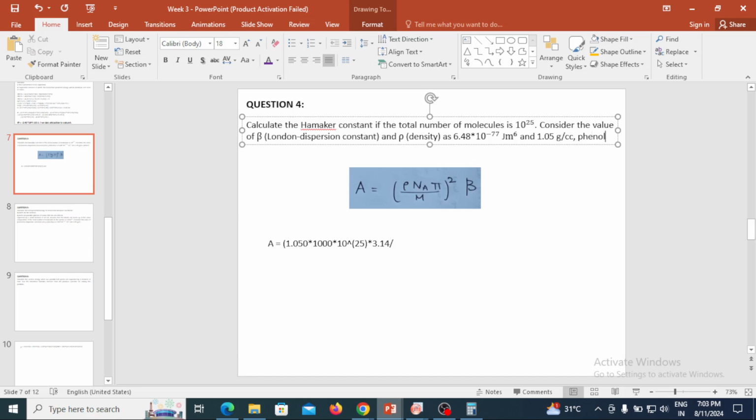So take the molecule as phenol. The formula for phenol is C6H5OH. So molecular mass will be 12 times 6 plus 5 times 1 plus O, that is 16, plus H 1. This entirely whole square.